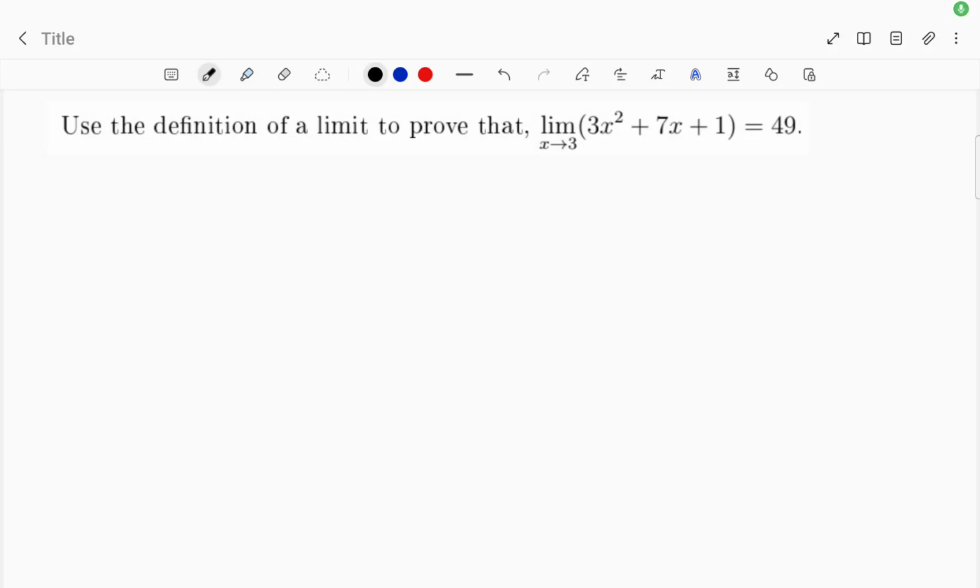Okay, this question is under the definition of a limit of a function. So we start by stating the definition of a limit of a function.